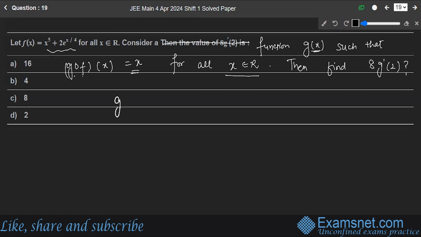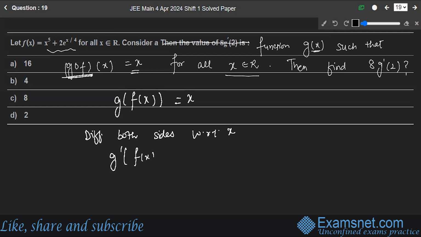So you here have g of f of x, so this is equal to x. Differentiating both sides with respect to x, what you will get is g dash of fx into the derivative of this function like this.